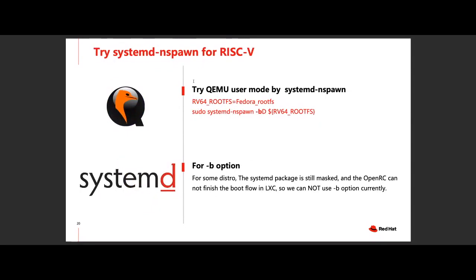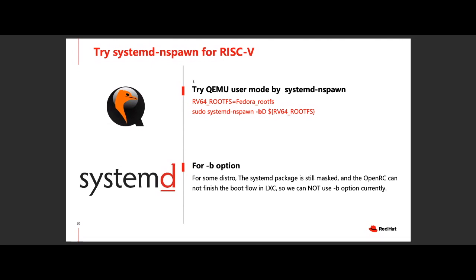And then you can finally try the user mode. The command line is very simple: just systemd-nspawn -D and the directory you just mounted. Some distributions cannot use -b because systemd is incomplete.